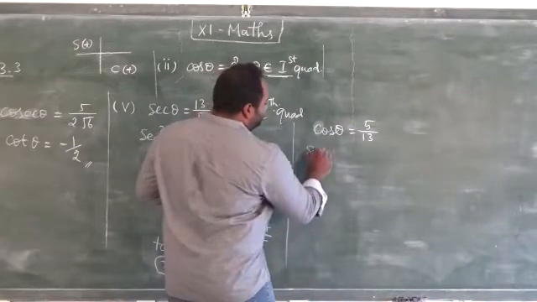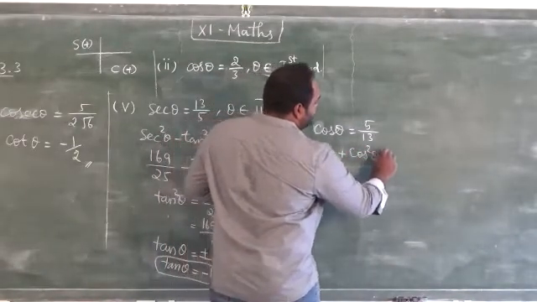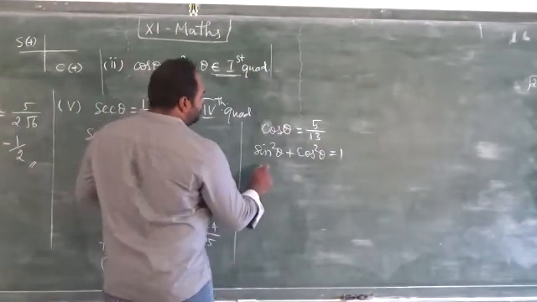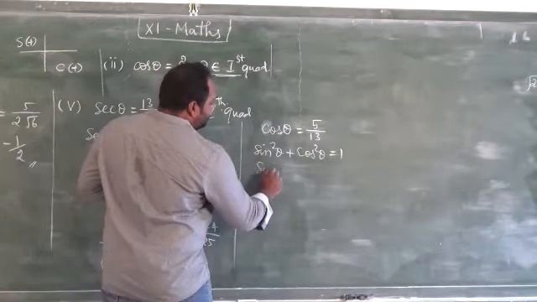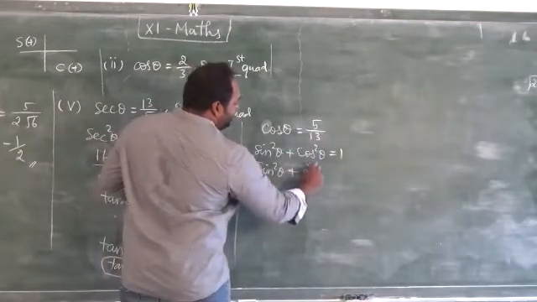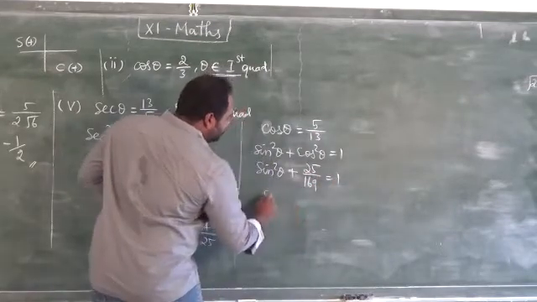How to find sin theta? Again using the identity, sin square theta plus cos square theta equal to 1. Sin square theta plus, squaring this, 25 by 169 equal to 1.